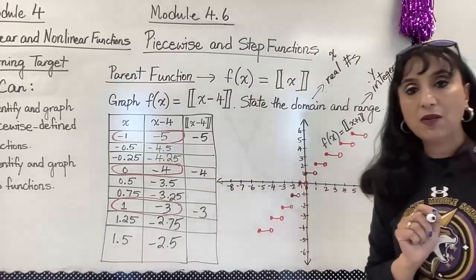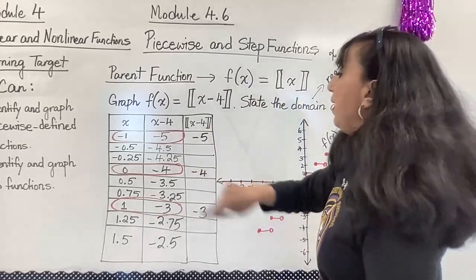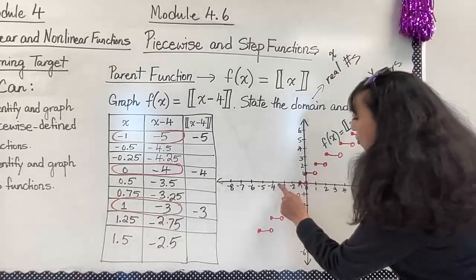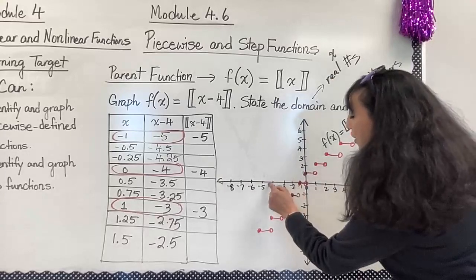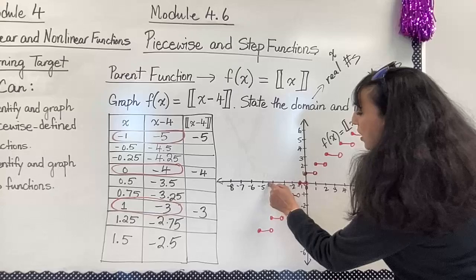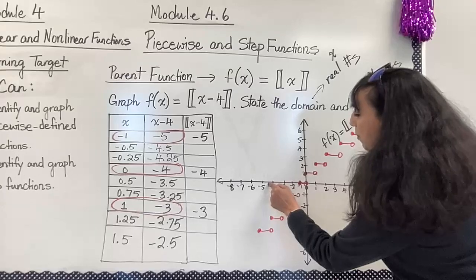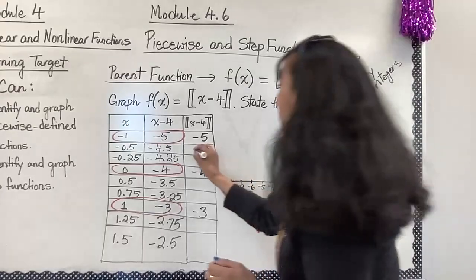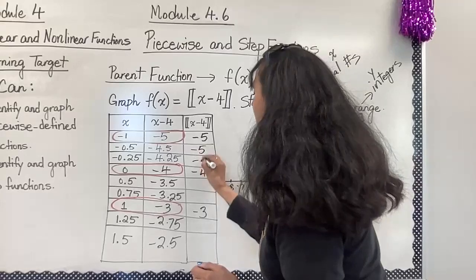Now let's look at these values. I have negative 4 and 5/10 on the graph over here. What's the integer to the left, because I am rounding down to the smaller number? It is negative 5. So all of these are rounding to negative 5.